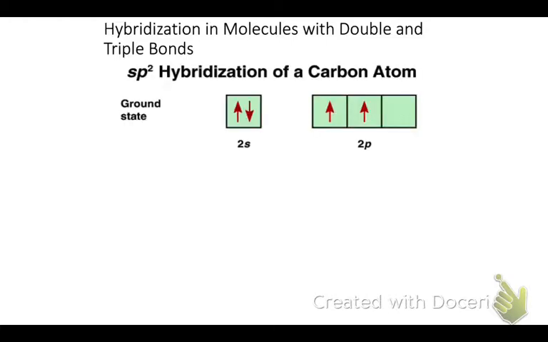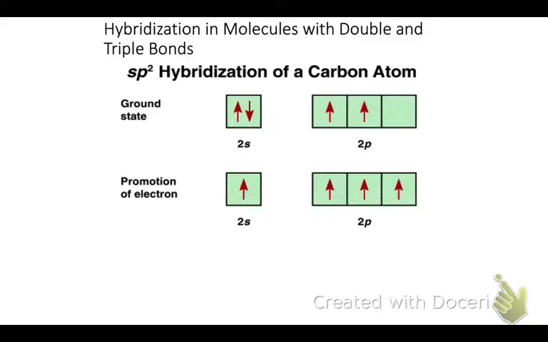Now, hybridization in molecules with double and triple bonds. So the sp2 hybridization of a carbon, if you look, guys, at the picture that we are presenting here, we will look at the orbital diagram of the carbon atom. So you have 2 electrons in the s orbital and 2 electrons in the p orbitals.